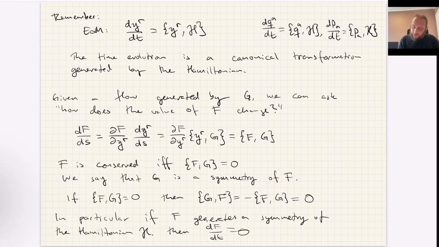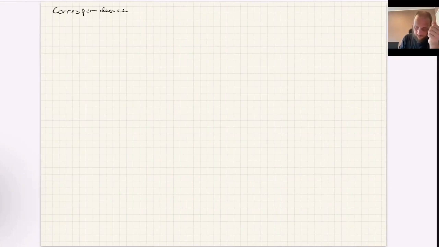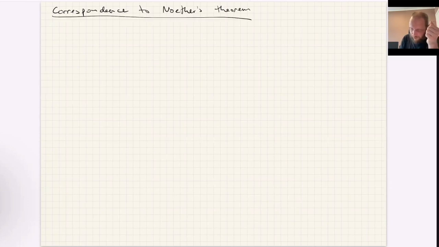So let's see if we can get Noether's theorem back. I'm going to look at the correspondence here to Noether's theorem. Now you'll remember that when we looked at Noether's theorem in the Lagrange formalism, we were only looking at transformations in configuration space.